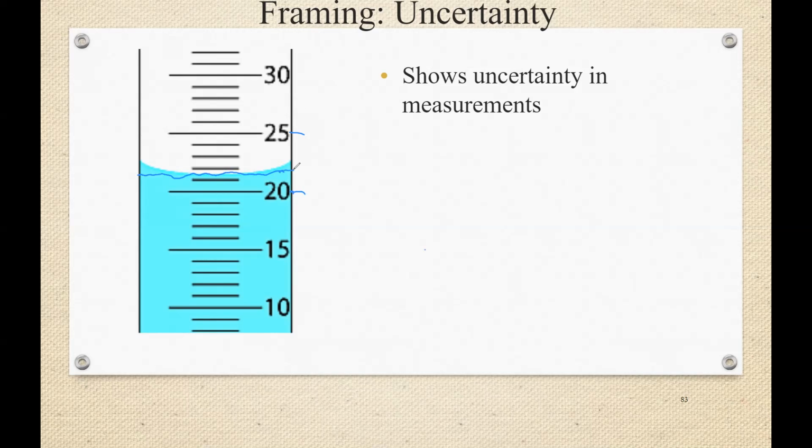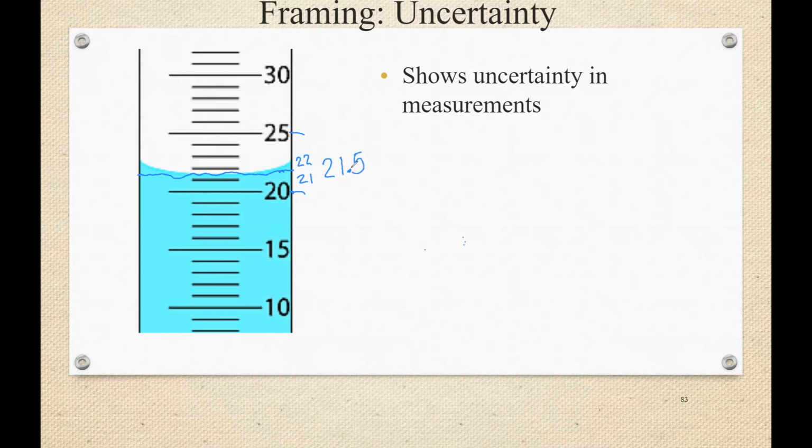So if we were to read this, we know that this goes 20, 21, 22, 23, 24, 25. Well, we can read between these lines and we say, well, it's not quite 21 and it's not quite 22. It'd be inaccurate to say it's either one of those because it's right between those. So what we do is we always add one extra decimal point. So we say that that's about 21.5.